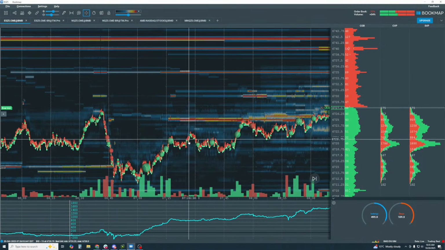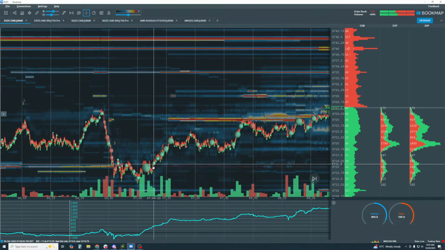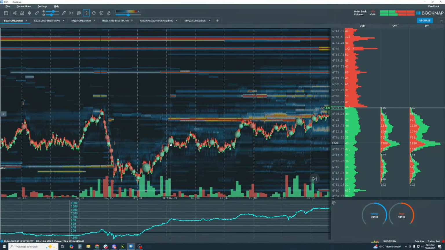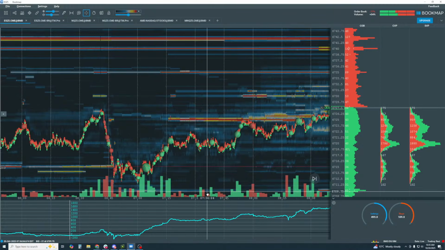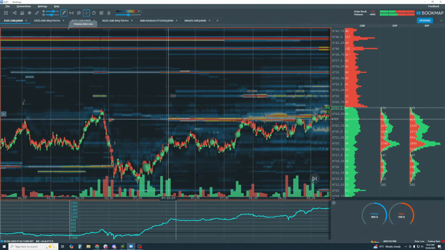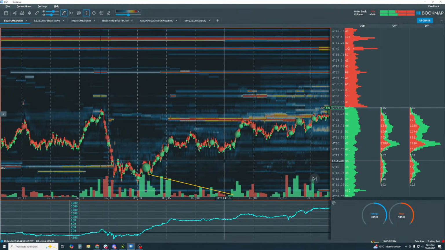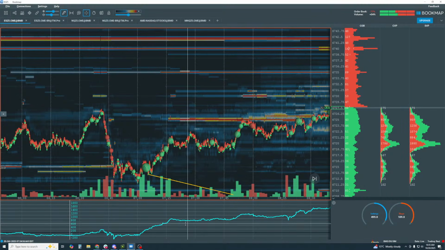Now in here, look at all of this buying and compare it with this in here. Look at the volume delta bars. I find this is a really good tip-off. Obviously, that's going to be divergent, and you can see this creeping up here.